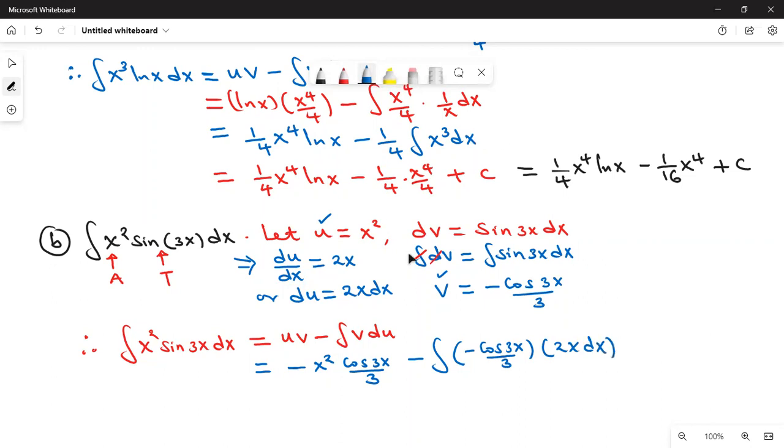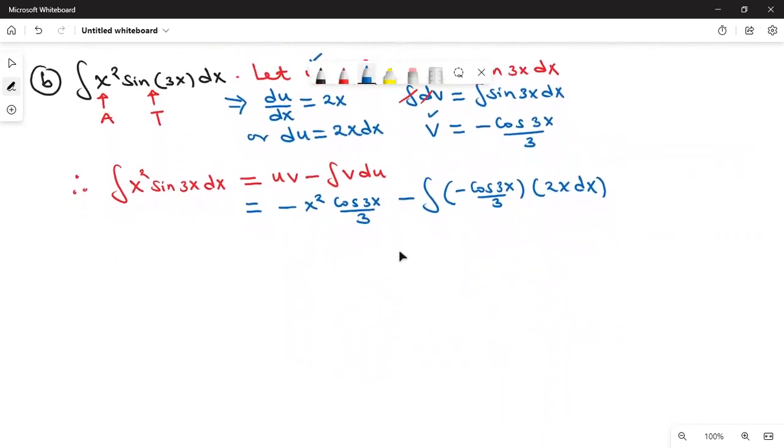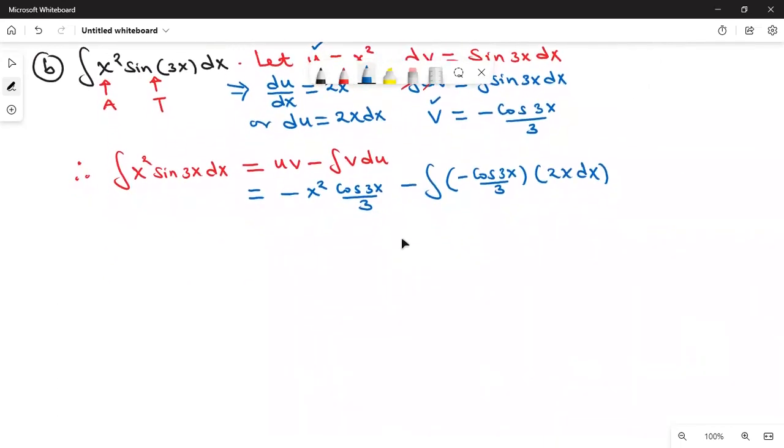This we can simplify. When we simplify, we are going to get negative 1 over 3 x squared cosine of 3x plus 2 over 3, because that's a constant, the integral of x times cosine of 3x dx.